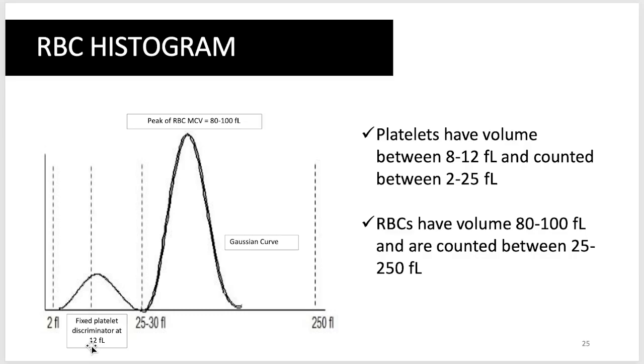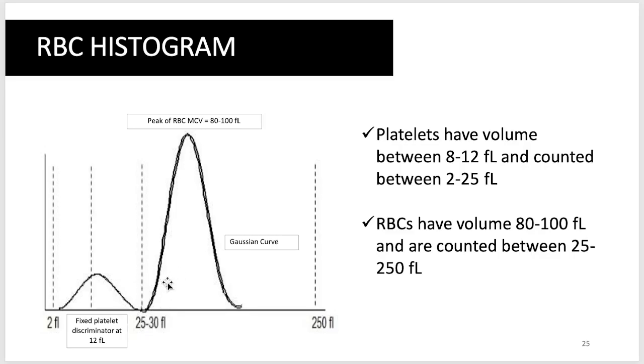So, ano bang importance ng ating mga threshold or mga discriminator? Again, the purpose of these different threshold na we discussed about is to distinguish your platelets from the small red blood cells that is located in your upper end of your platelet population and debris at the lower end.